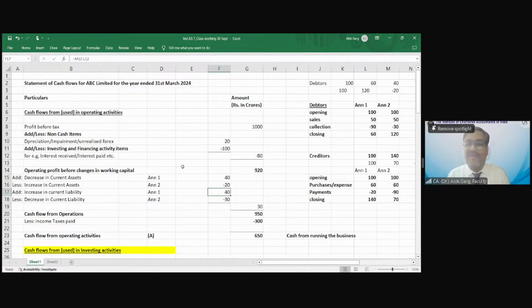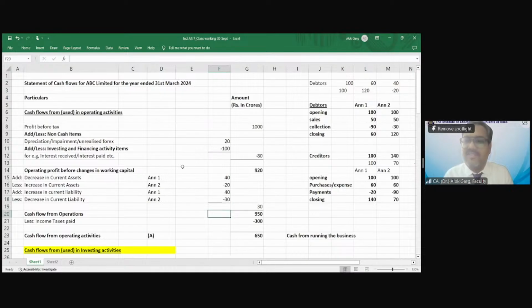Right, sir. So that is why whenever there's an increase in current liability, it means there is an increase in cash flow. Okay. So increase in cash flow means you have to make a positive adjustment in the cash flow statement. Whenever there's a decrease in current liability, it means you have paid your liabilities, right? So this increase and decrease, you are looking from opening balance to closing balance.